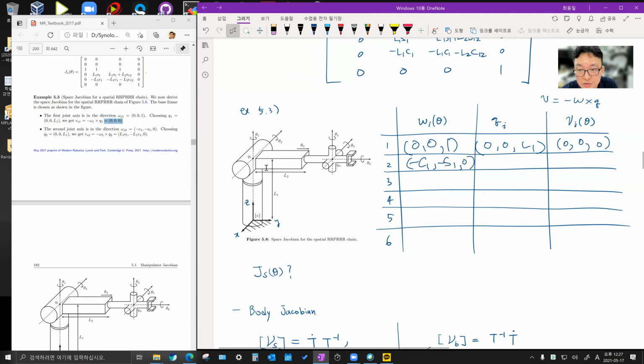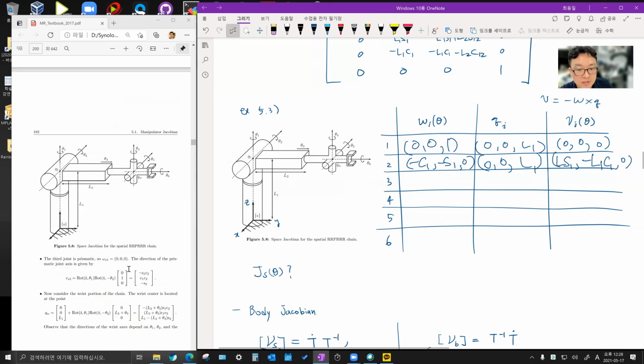And in case of Q2, we can choose this same one, 0, 0, L1. And then the VS2 becomes LS1, L minus L1, C1, 0.